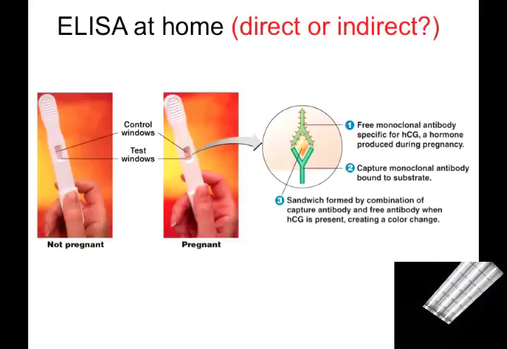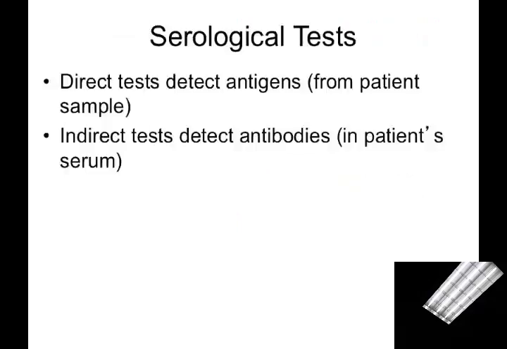So if the question we're asking is whether this is around, that would be indirect. If we're doing this test and asking, is this hormone around, then that's direct, right? Does that sort of make sense? If the question you're asking is whether the hormone is there, that's direct. If the question is whether the antibody is there, that's indirect.